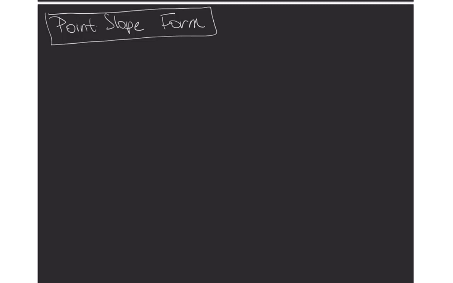If I'm writing it in point slope form, they're going to give me a point, and I'm either going to need or they're going to give me the slope. So we write the point slope form as y minus y1 equals m(x minus x1).